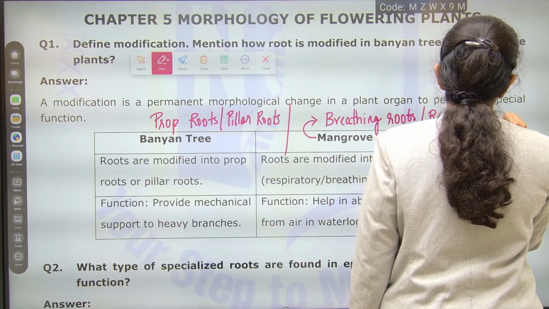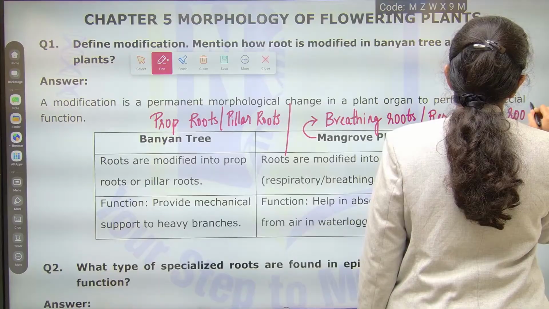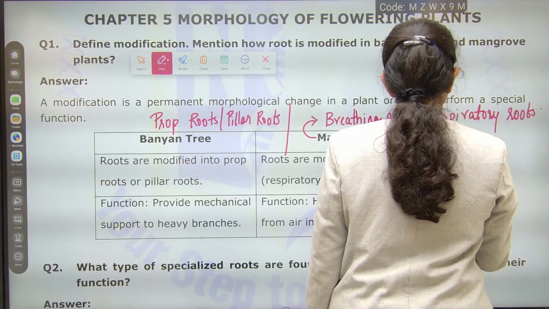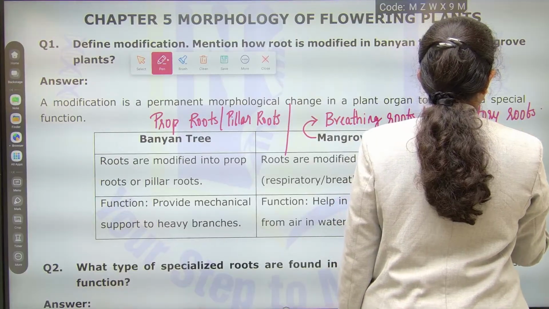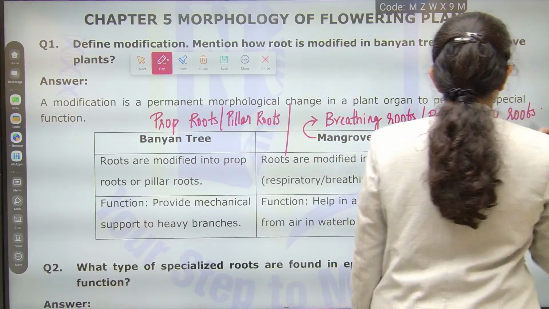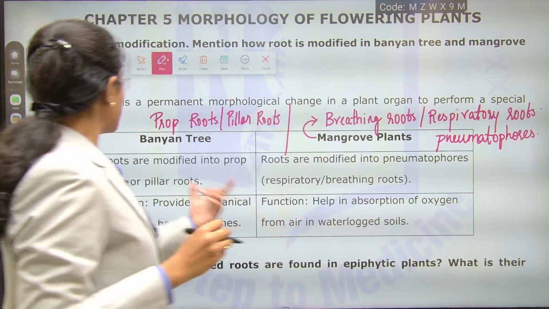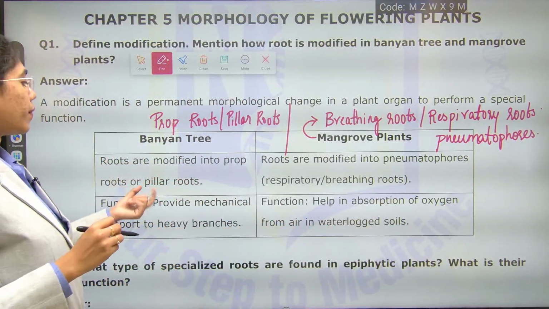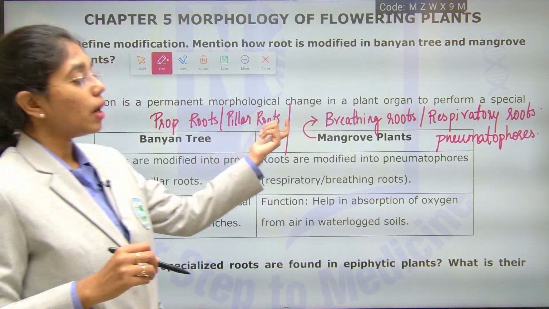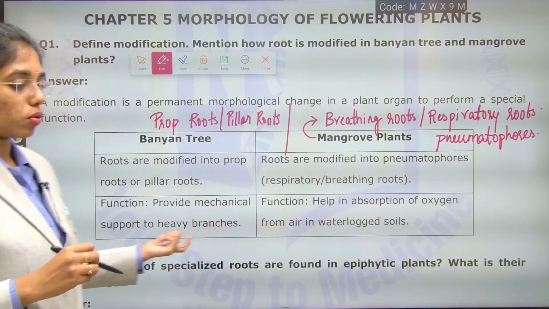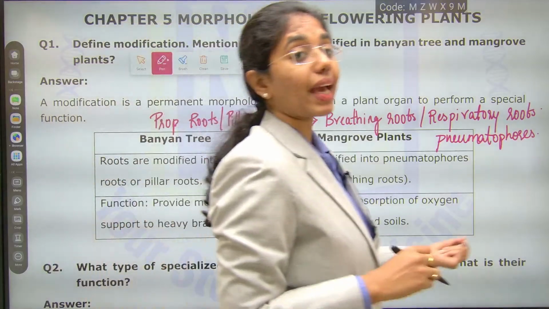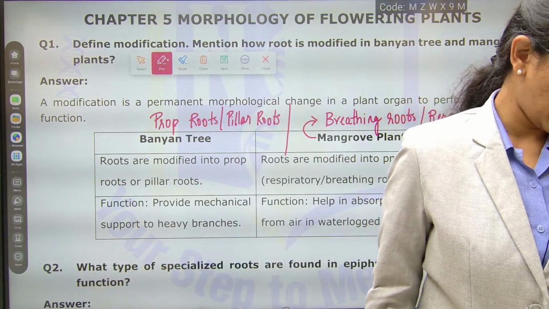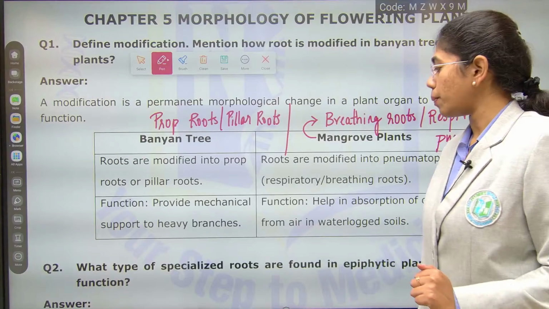These respiratory roots are also known as pneumatophores. So here you see the roots which are modified into prop or pillar roots. Here these are breathing roots or respiratory roots, and then they function to provide mainly mechanical support to the plant.